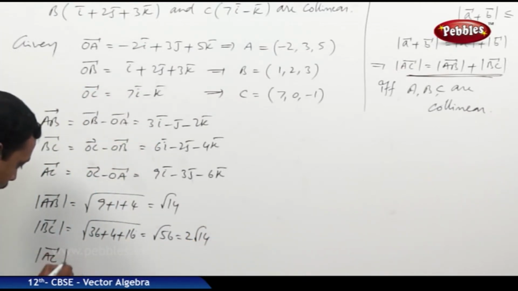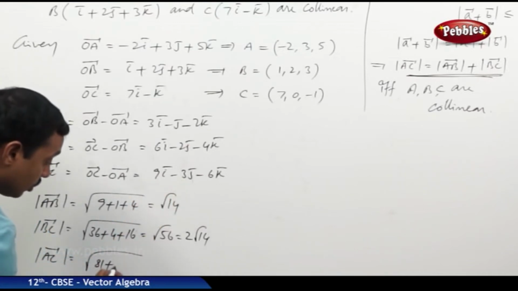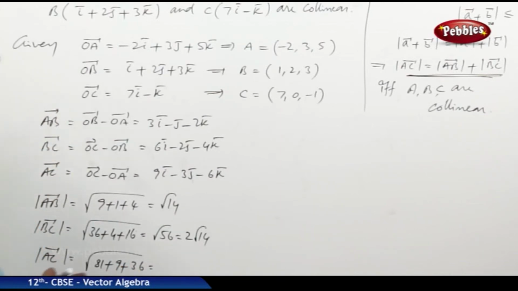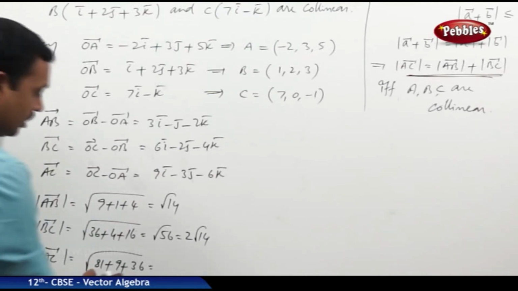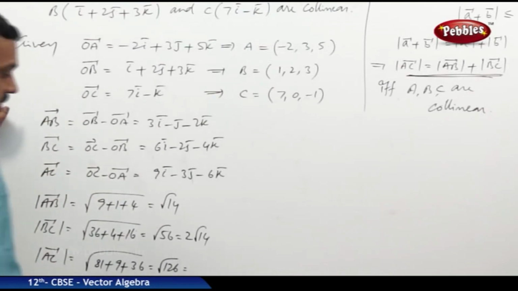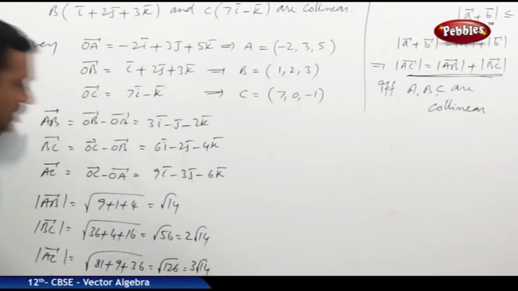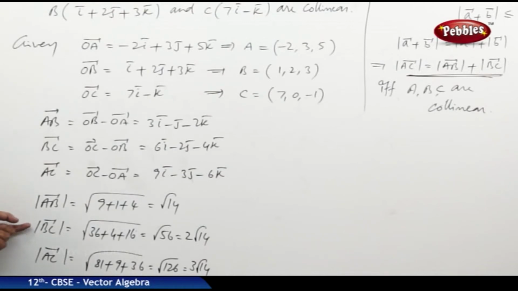Next, the magnitude of AC vector is root of 9 square, 81, plus minus 3 whole square, 9, plus minus 6 whole square, 36. 81 plus 9 is 90, 90 plus 36 is 126. You know, 126 is 14 into 9, so the square root of 14 into 9 is equal to 3 root 14. Here, the sum of two magnitudes is equal to the magnitude of the third vector.